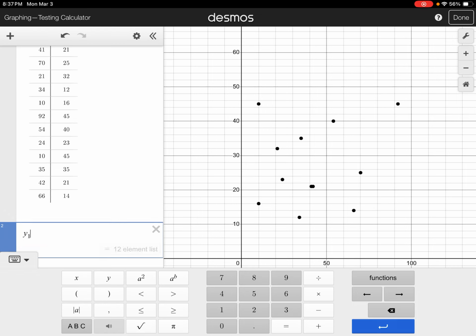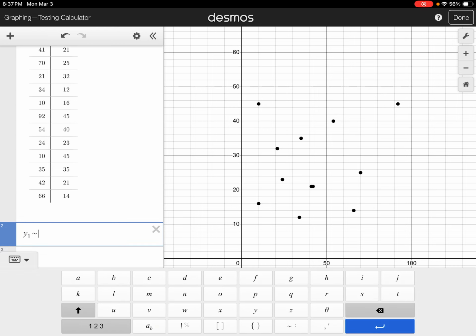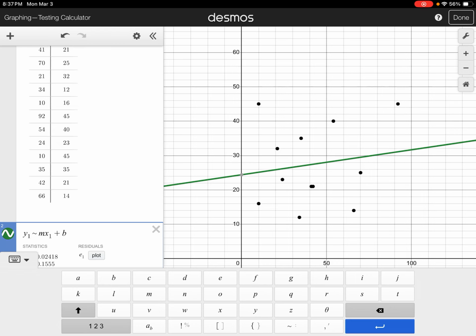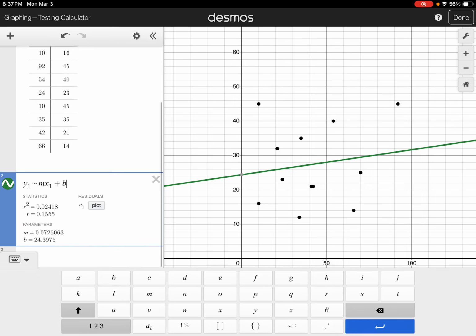So I have to go run the correlation. Remember, I have to type in the Y1 and then my little squiggly for approximating, and then mx sub 1 plus b. That's how we tell it to run a regression. And you should be able to see all of the statistical data in the box. If you don't see that, then you typed in the instructions wrong, you typed in that y equals mx plus b incorrectly.